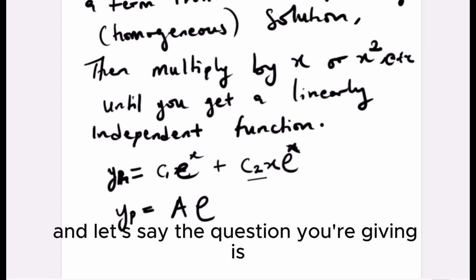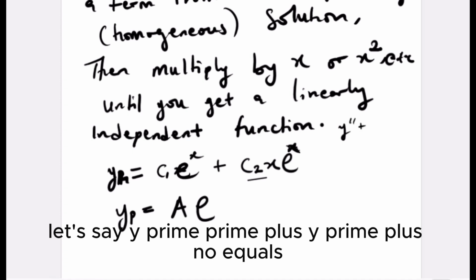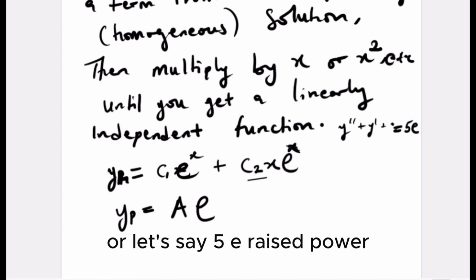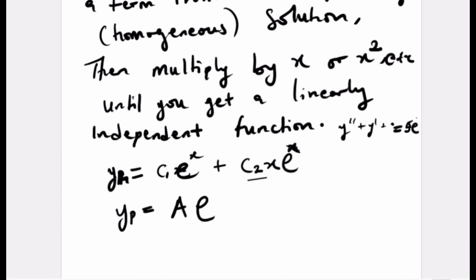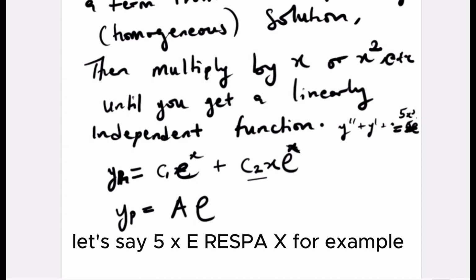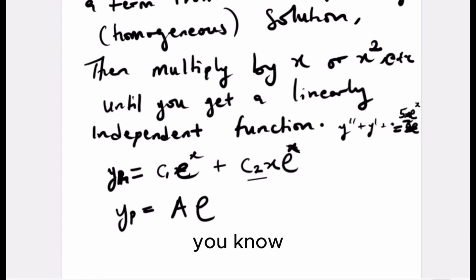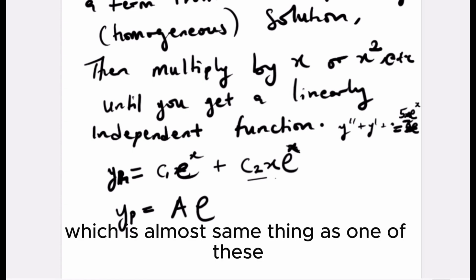Let's say the question you're given is y double prime plus y prime equals 5x e raised to power x, for example, which is almost the same thing as one of these.